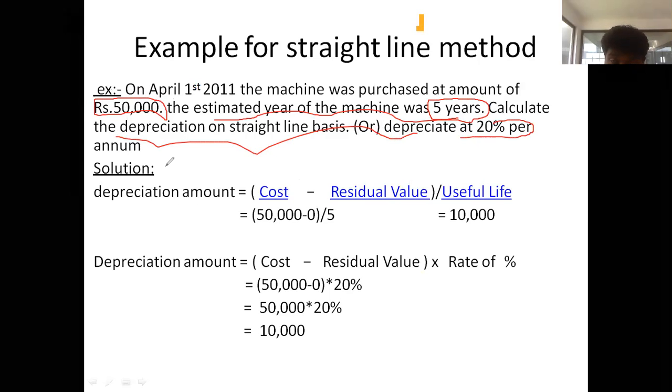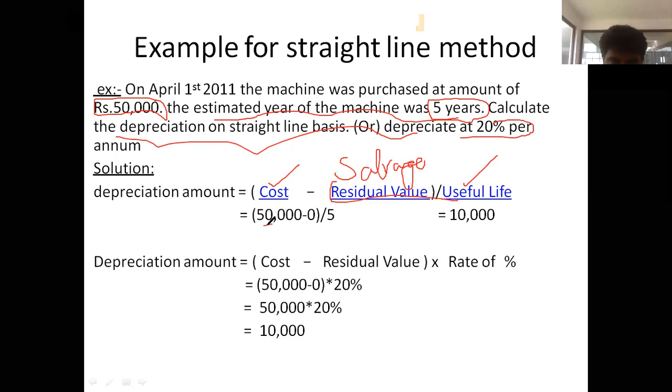How to calculate the depreciation amount? The cost minus the residual value or salvage value, in some books it is mentioned as salvage value, divided by the useful life.